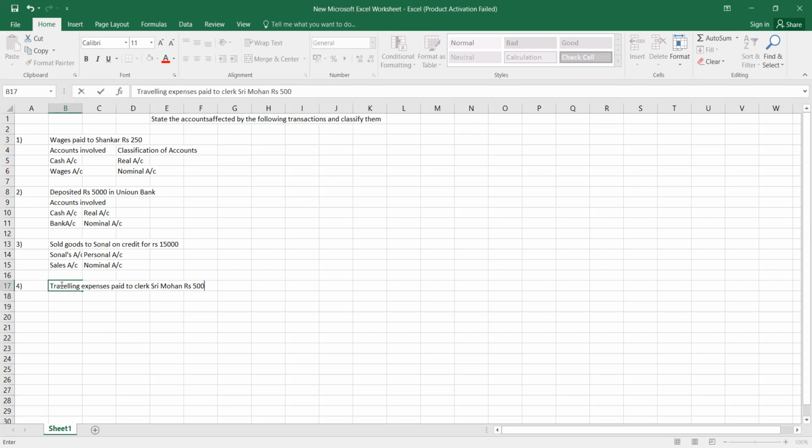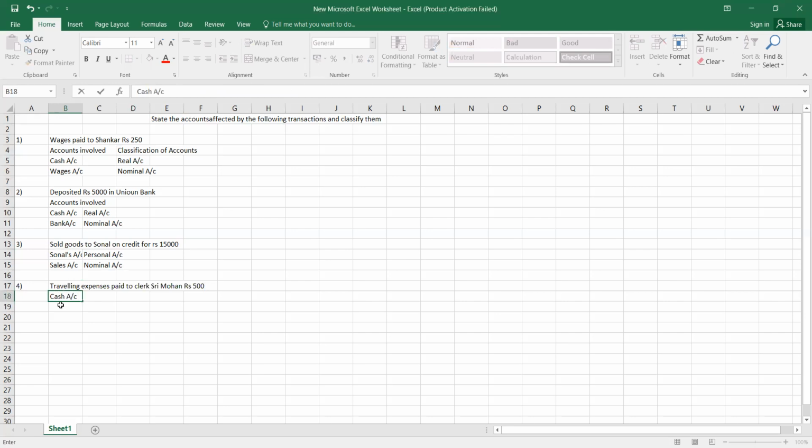One is traveling expenses, and in this case the account is closed. You have paid cash. There is nothing you need to pay Sri Mohan in future. He's not going to claim this traveling expense in future. The deal is done. You have already given him 500. So the two accounts involved are cash and traveling expenses. So we say cash account.